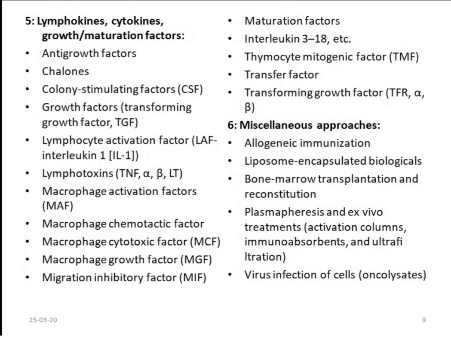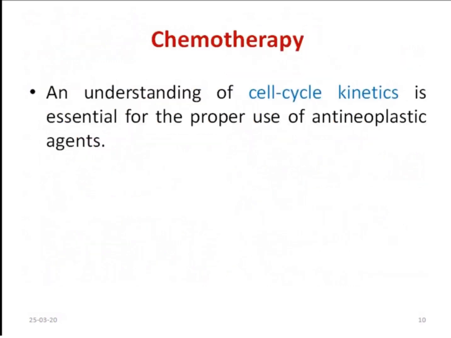Nowadays viruses are being modified as a treatment agent, and these viruses can do a lot of good things if they are genetically modified, as well as bone marrow transplantation and reconstitution. So these are also things which act as a BRM to strengthen the therapies. Now I'll talk about chemotherapy, which is the main part for us here.